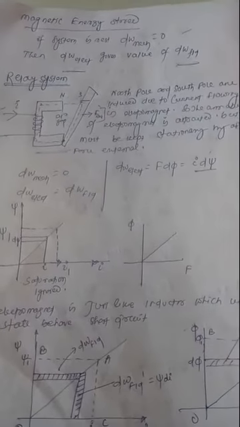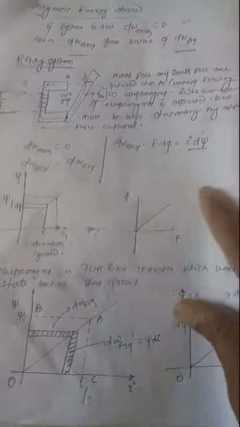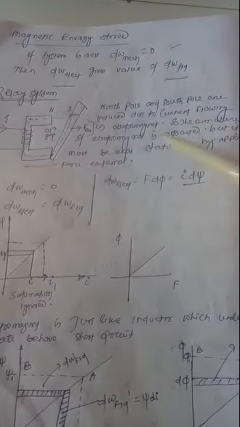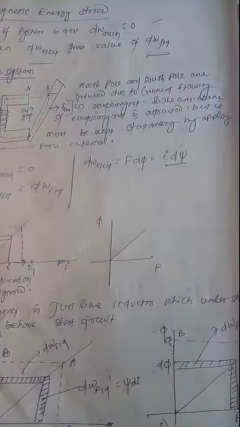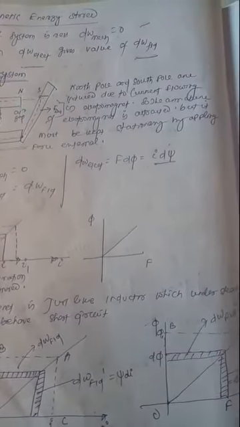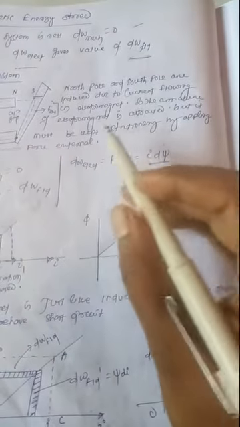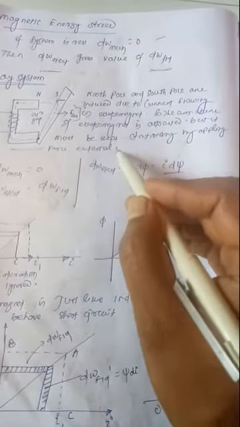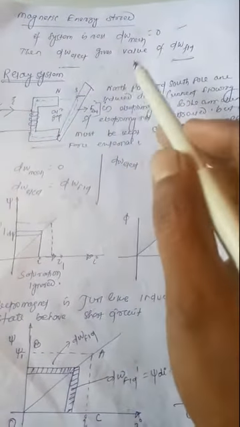When this is energized, the north pole and south pole are induced due to the current flowing in the electromagnet. So the armature is attracted, but it must be kept stationary by applying an external force, because we are dealing with a rest system.